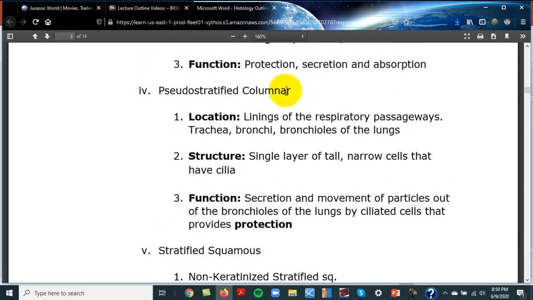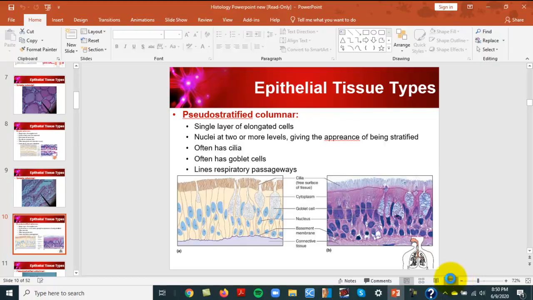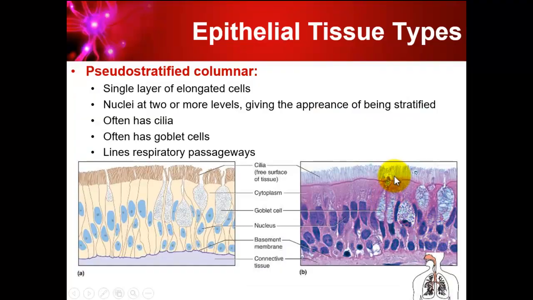Pseudostratified columnar. Now, this is also called pseudostratified ciliated columnar. And this is probably the best picture of all the slides I have. You really want to find this in one area. It's the lining of the respiratory passages, the trachea, bronchi, and bronchioles that go down to the lungs.